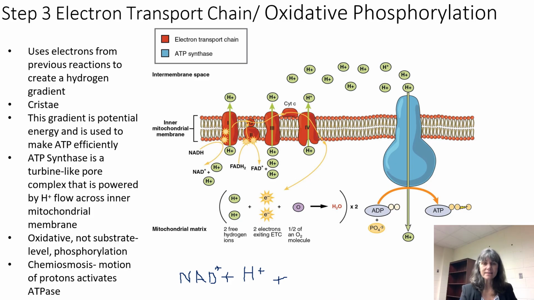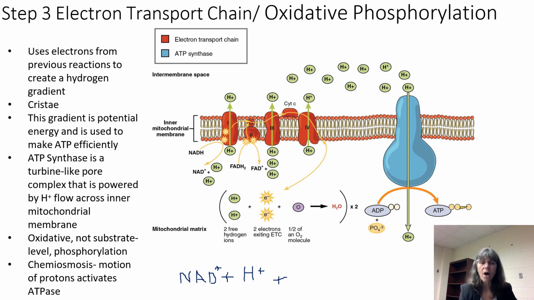So what happens is the NADH that we produced in the citric acid cycle, remember that that molecule was created by reduction. We reduced NAD by adding hydrogen. The converse of that reaction is oxidation. Okay, so we had reduction to create the NADH.